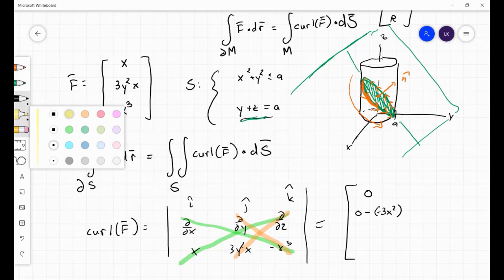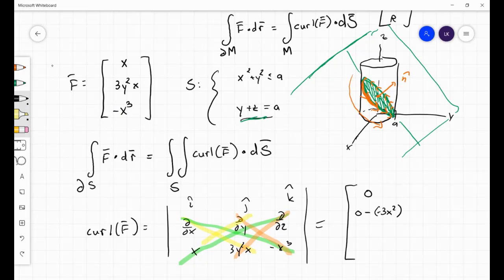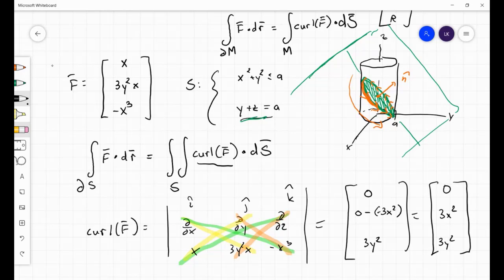And finally, for the k component, derivative of this with respect to x minus the derivative of that with respect to y. So that would be 3y squared. So we have the curl.